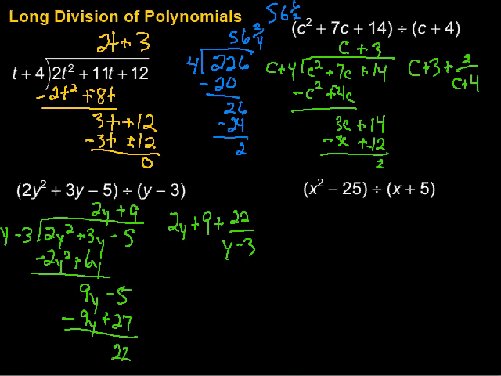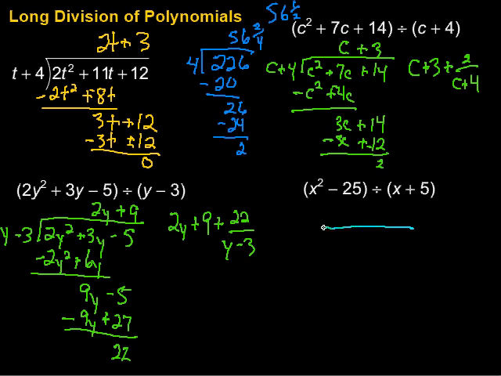Now, this last one is a situation that can be a little bit tricky, but we can handle it. What we need to notice is that we're missing an x term here. Notice how we're going squared just to the first power and then gone. Well, in this one we've got squared, but that's it.